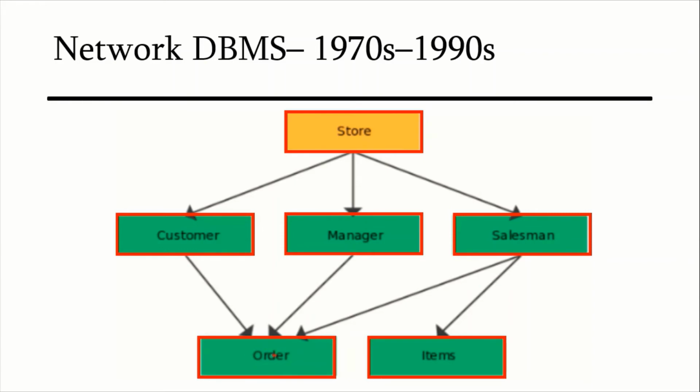Salesmen can sell the items. Customers and managers don't sell the items. Salesmen sell the items, and at the same time they can also buy the items. So here what we can see is a many to many relationship. Here we see customer and manager, many to many relationship.